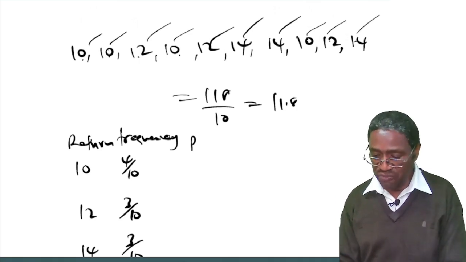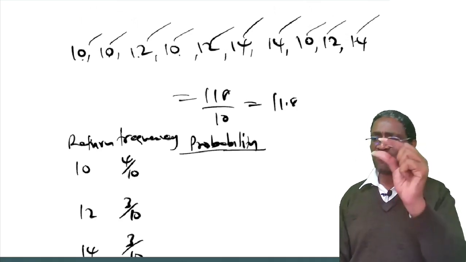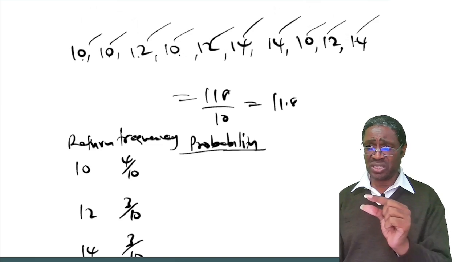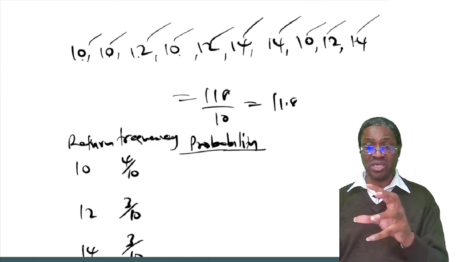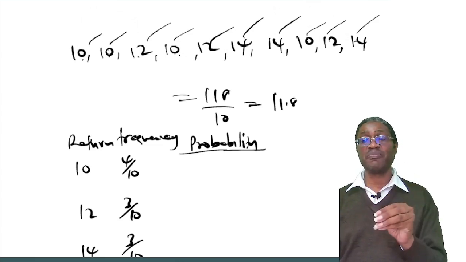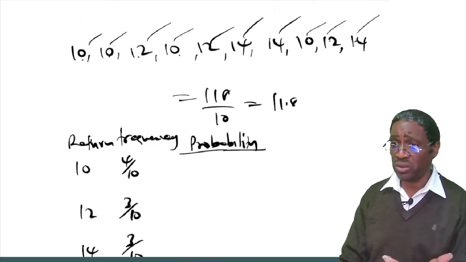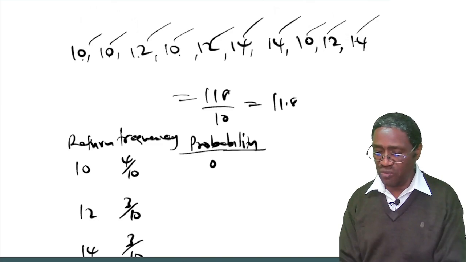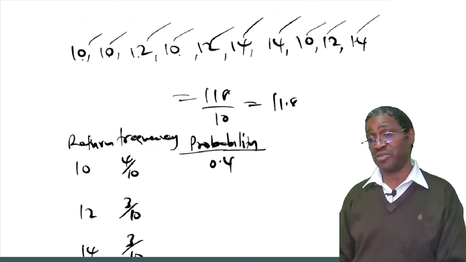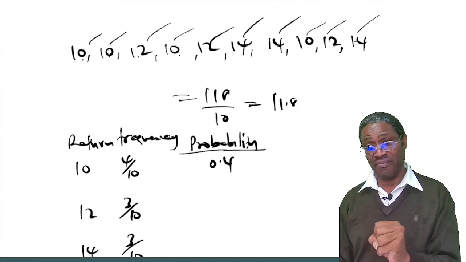So I'm looking for what we are calling probability here. If I got a return of 10% 4 out of 10 times, there is a probability of 0.4. Are you getting? 4 divided by 10, there is a probability of 0.4, or 40%, that I'll get a return of 10%.